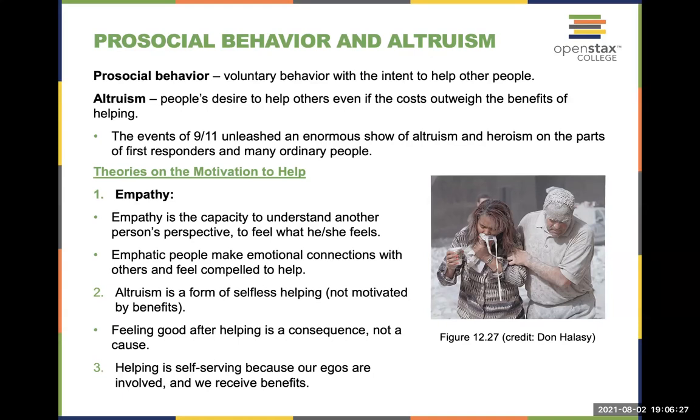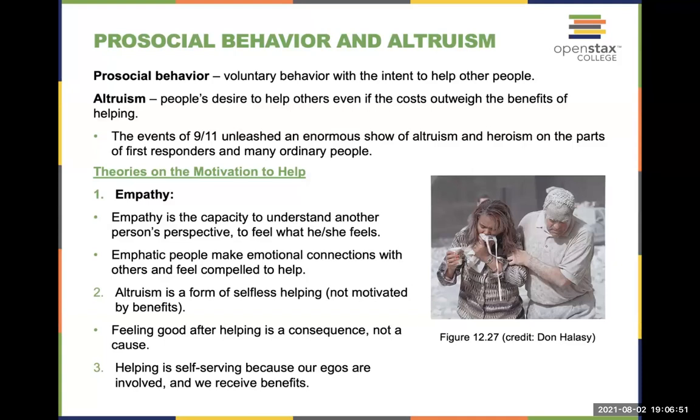And then there's empathy. Empathy is the ability to put yourself in the other person's shoes, to understand how they may be feeling at the time, right? People who are empathetic tend to make emotional connections with others, and they feel compelled to help at that point.